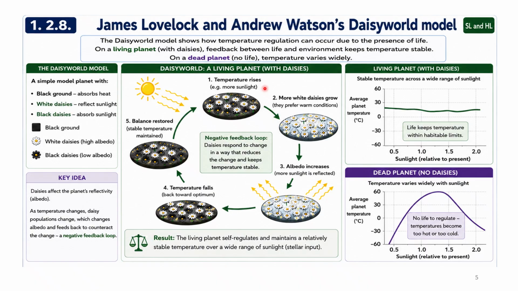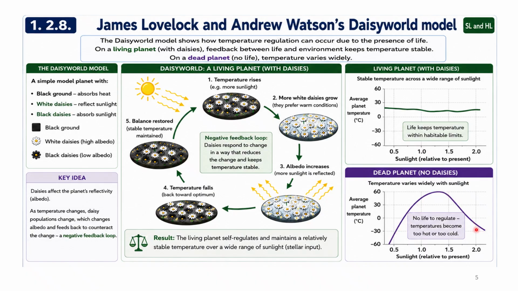The graphical comparison reinforces this concept. A planet with daisies maintains a relatively stable temperature across a wide range of solar inputs because biological processes regulate the environment. In contrast, a planet without life lacks this regulatory mechanism, so even small changes in solar radiation produce large temperature fluctuations.